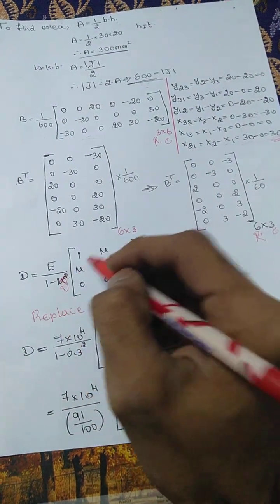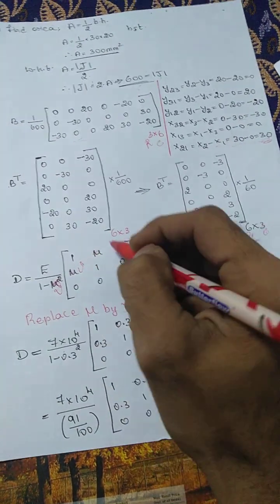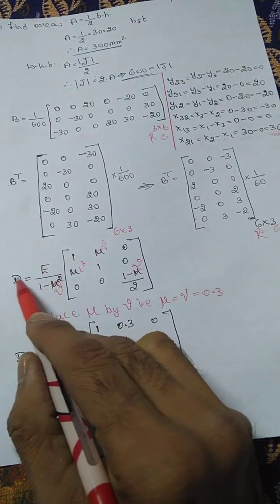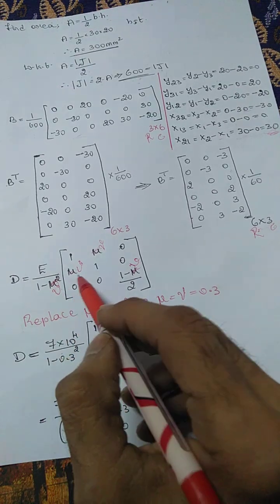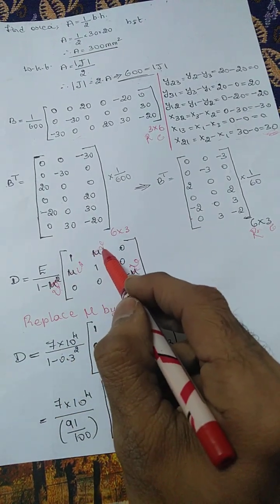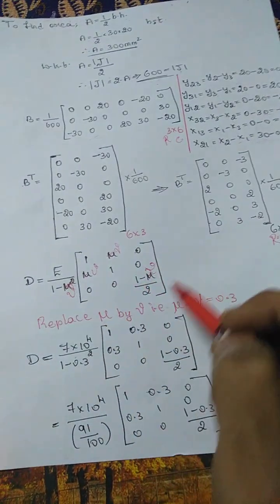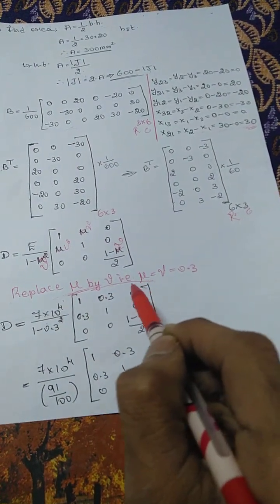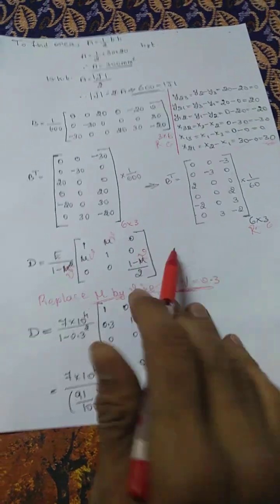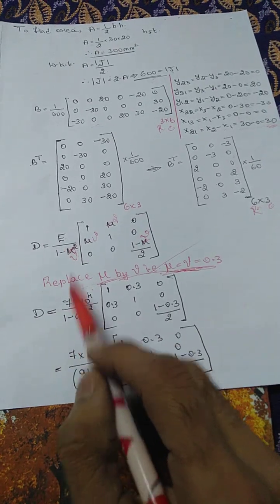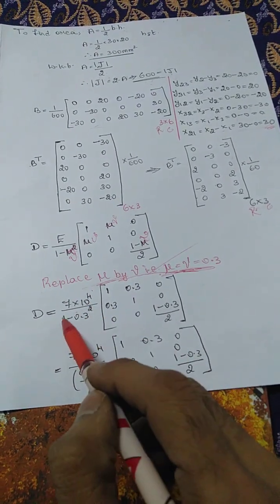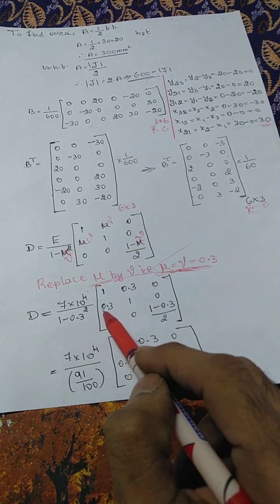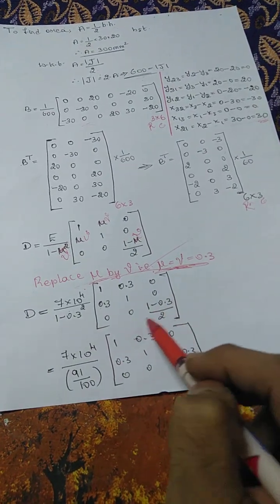By mistake I wrote mu, but this is also the Poisson ratio, the Poisson symbol V, so replace mu by V. D is equal to E by 1 minus Poisson ratio squared, then 1, Poisson ratio, 0, and so on. So D is equal to the E value they have given, divided by 1 minus 0.3 squared, into 1, 0.3, 0, 0.3, 1, 0, 0, 0, 1 minus 0.3 divided by 2.